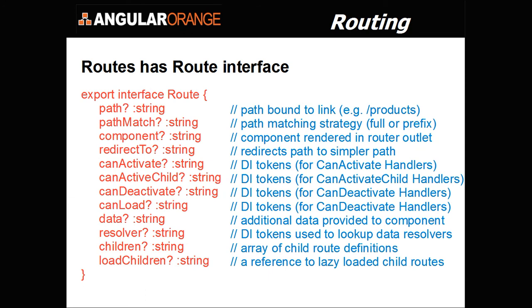Okay, so routes have a Route interface. What you'll find is you're always pointing to a path and defining its corresponding component. You want to point to a URL and say which component to render.